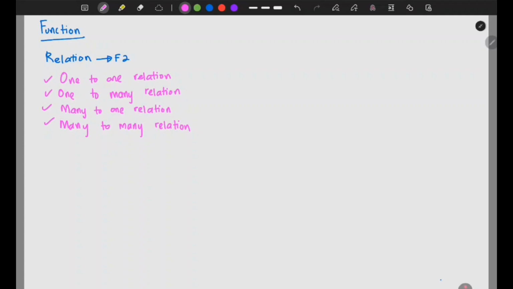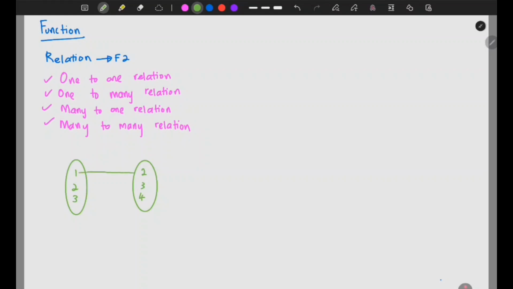What do I mean by this? So for example, I have a domain and I have a codomain. It's an arrow diagram. So let's just say I have a 1 and it goes here to become 2, 2 becoming 3, 3 becoming 4.